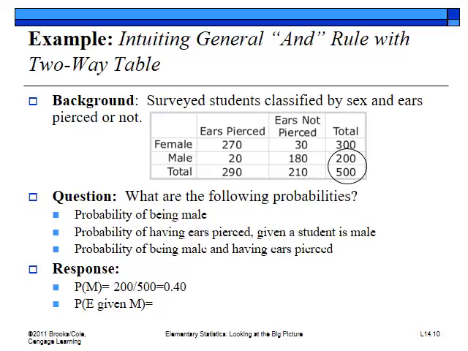Now, the probability of having ears pierced given that the student is male means that we're only looking in the male row. Within the male row there are 200 students, 20 of whom have ears pierced. So the probability of E given M is 20 out of 200.